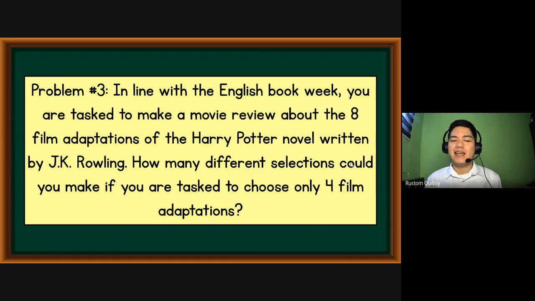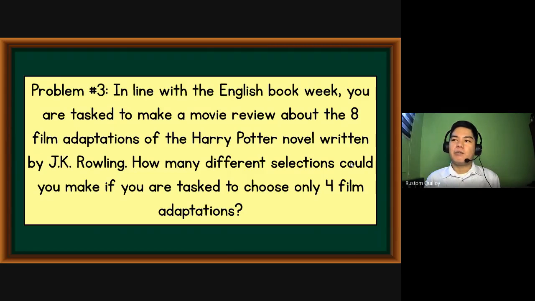So ang N natin ay 8, ang R natin is 4. Ayan po ay combination. Kasi kahit pagbalik-baliktarin mo yung pagpili doon sa film adaptation, ayun pa din yun. Parang sa test questions. Halimbawa, pipili ka. Ang pinili mo ay question number 2, 4, 6, 8.